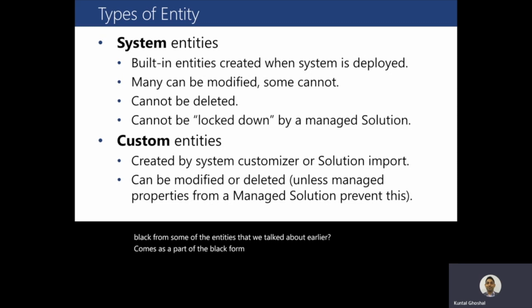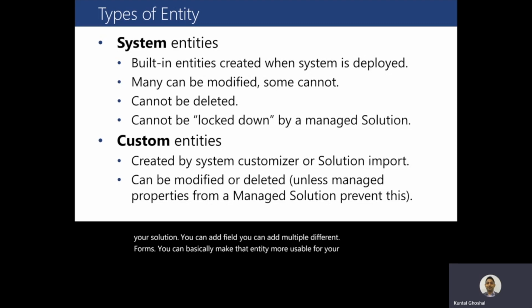These are built-in entities like account, contact, lead. Some of these entities you can modify as part of your customization, like the account entity. If you are using it in your solution, you can add fields, you can add multiple different forms. You can basically make that entity more usable for your organization.